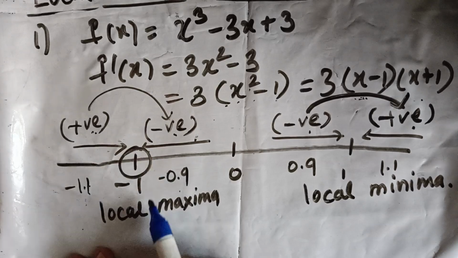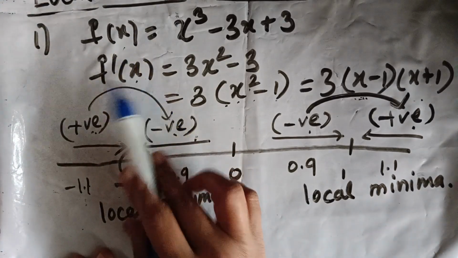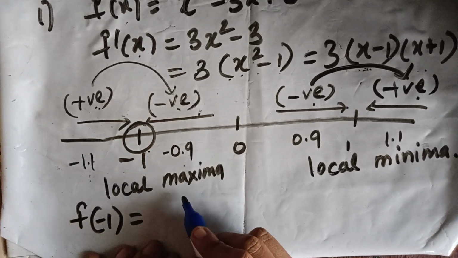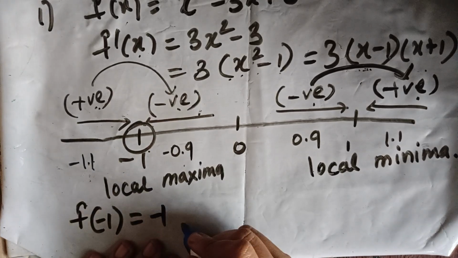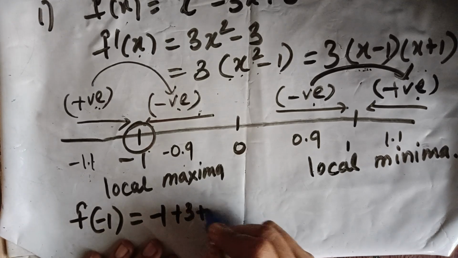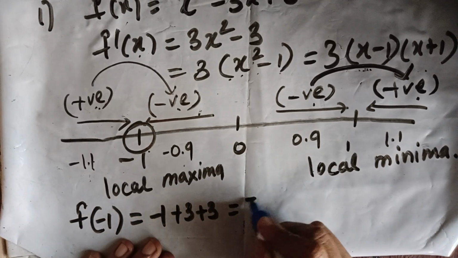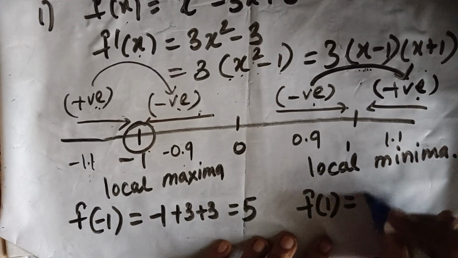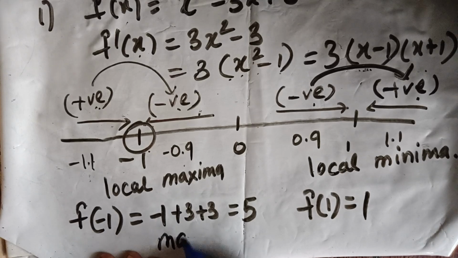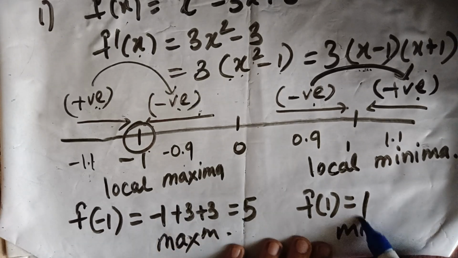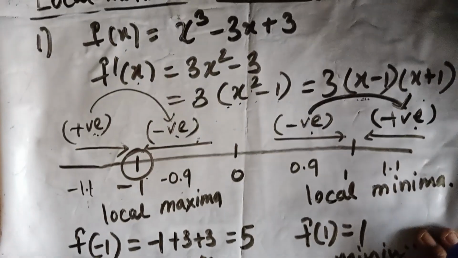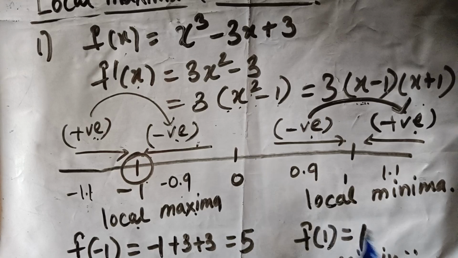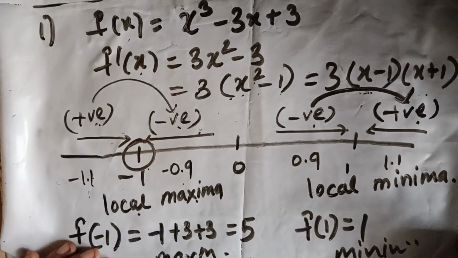So you have to put this -1 in f of x, not in f dash of x. f of -1 is -1 cube plus 3 plus 3, which is 5. So this is your maximum value. -1 becomes the point of local maxima. 1 becomes the point of local minima.